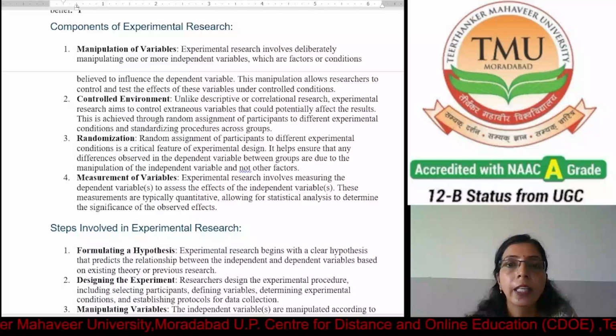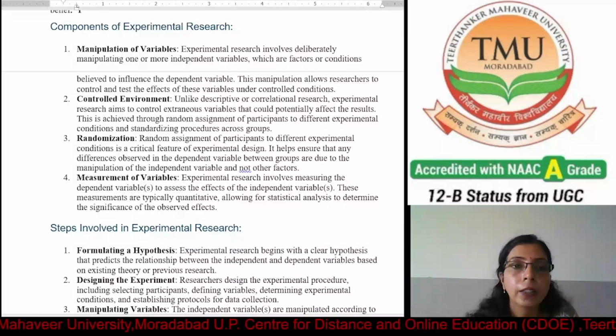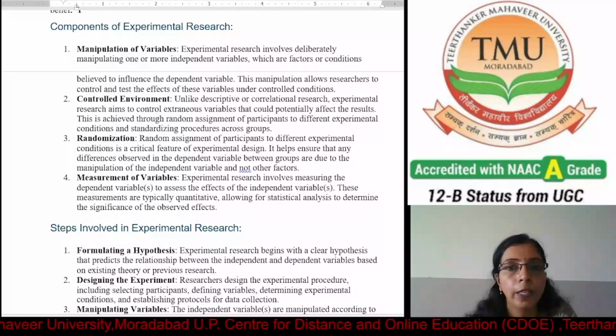Campbell and Stanley have identified some such sources of error.